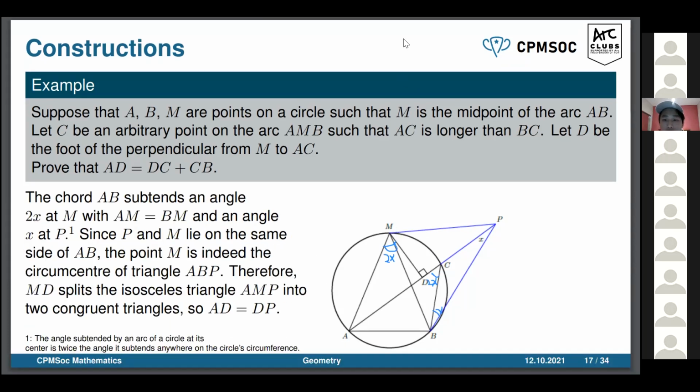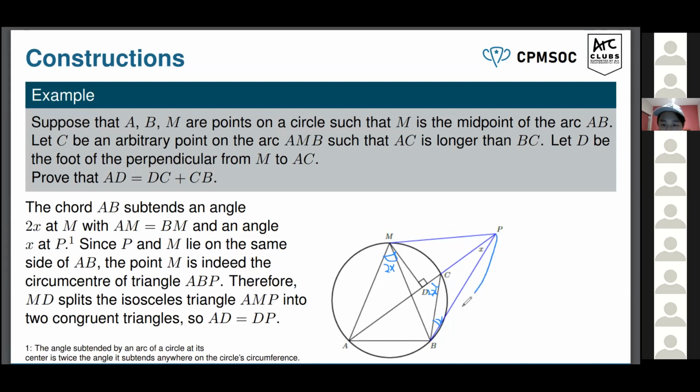This is because we can now draw a circle which passes through these 3 points A, B, and P. Very nice diagram, I know. And because this angle AMB is 2x and APB is x, this is 2 times the angle APB, which means M will be the center of this circle, right?